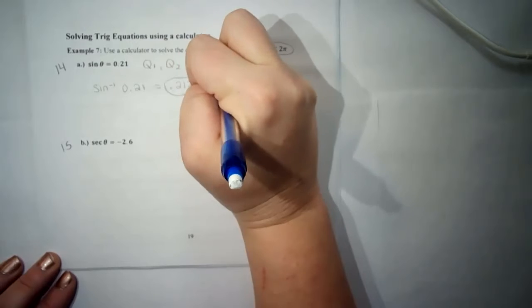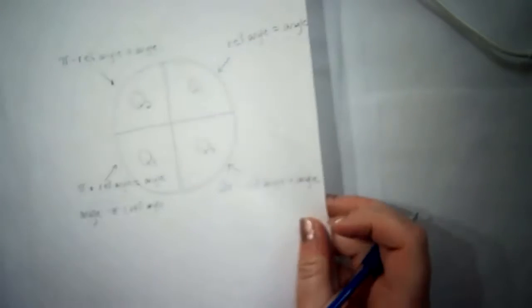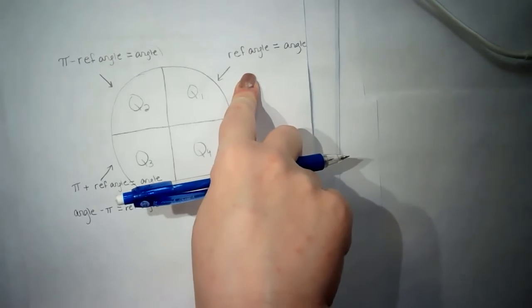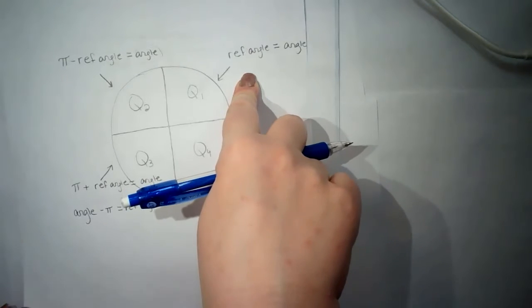This is the angle from quadrant 1. Everybody agree with that? That's what the calculator gives you. This happens to be both the regular angle from quadrant 1 and the reference angle, because in quadrant 1 they're the same thing.